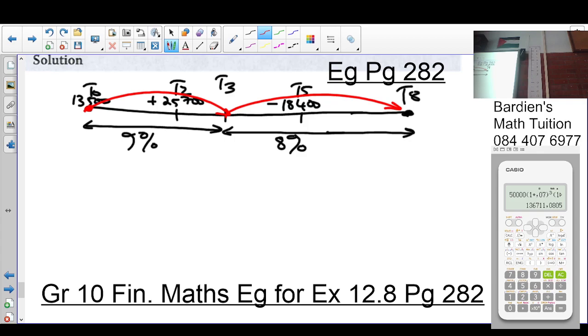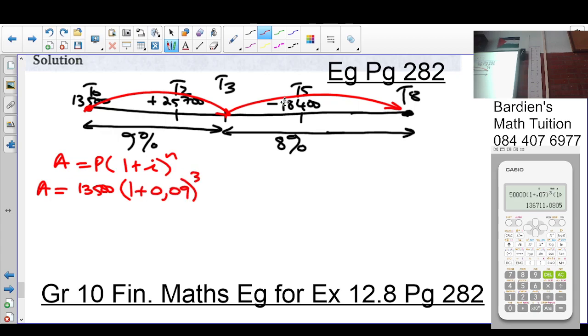So what formula do I use? Compound formula. So A is equal to P into 1 plus i. Right, so for the first part, it's going to be 13,500 into 1 plus 0.09 to the exponent 3. You see that, people?